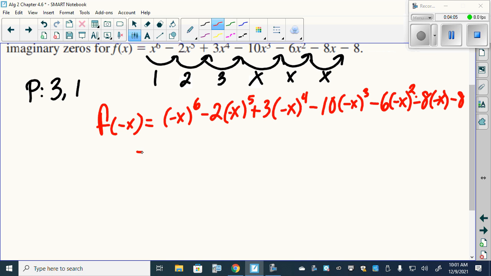Now we do need to resolve all of the parentheses here. Negative x times itself 6 times, what's going to happen to that sign? It's going to be positive, because anytime we put a negative 1 to an even power, it's going to be positive. So this is just going to become x to the 6th.